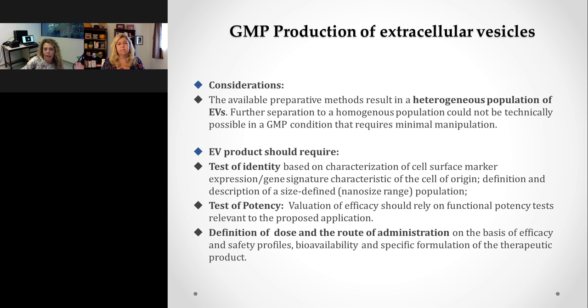So, as I was saying, we have many data from preclinical experiments, and they show an effect both in acute and in chronic. Obviously, in chronic, a single EV administration mainly fails to repair. We needed multiple administrations.